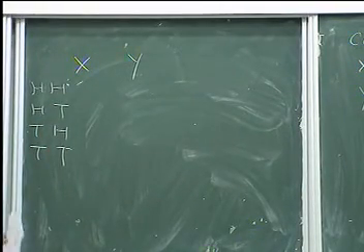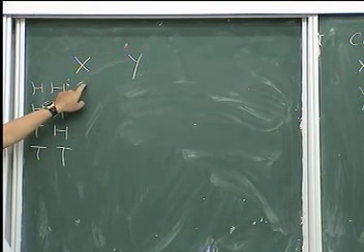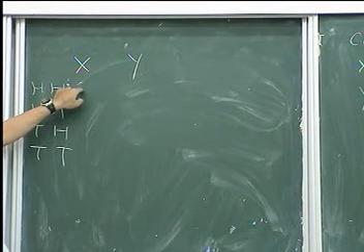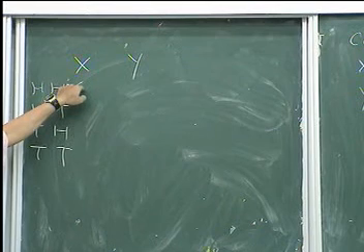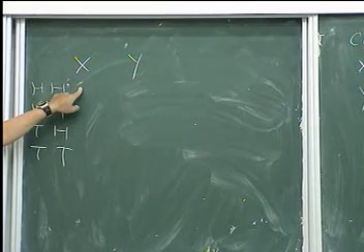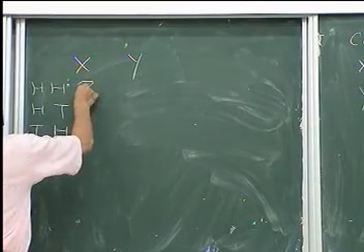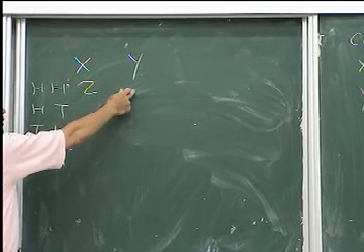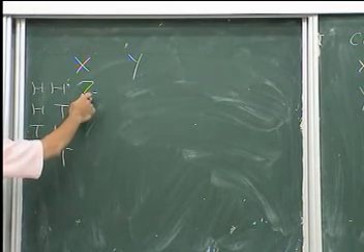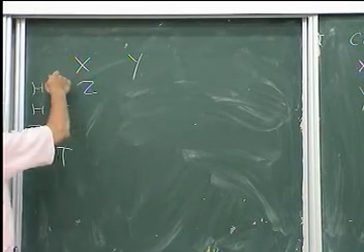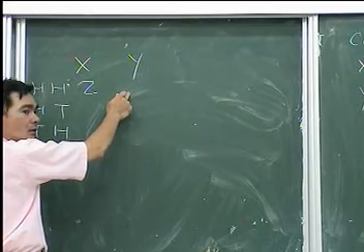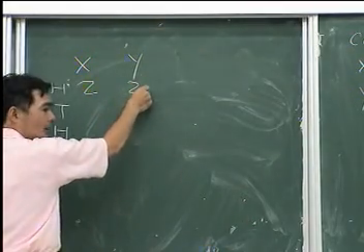How much should it be here for X? Should be 2, right? Because there are 2 heads, so X must be equal to 2. For Y, you have to look at the second one. The second one, what is this? It is H. So how much should it be here? It should be 2, right?